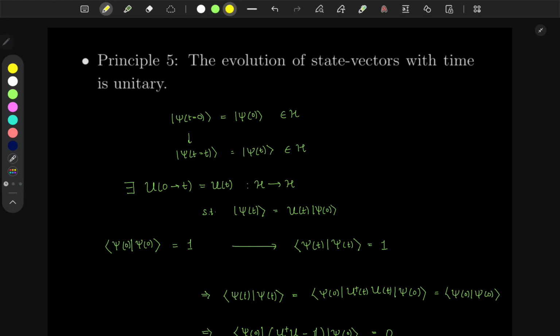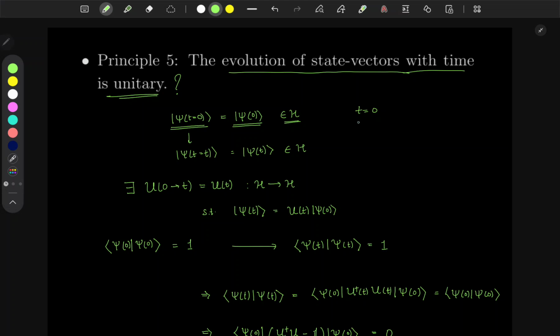The principle said that the evolution of state vectors with time is unitary. What do we mean by this? Suppose at time t equals 0, we are given a state vector, which I'm calling psi of 0, and it belongs to the given Hilbert space H.